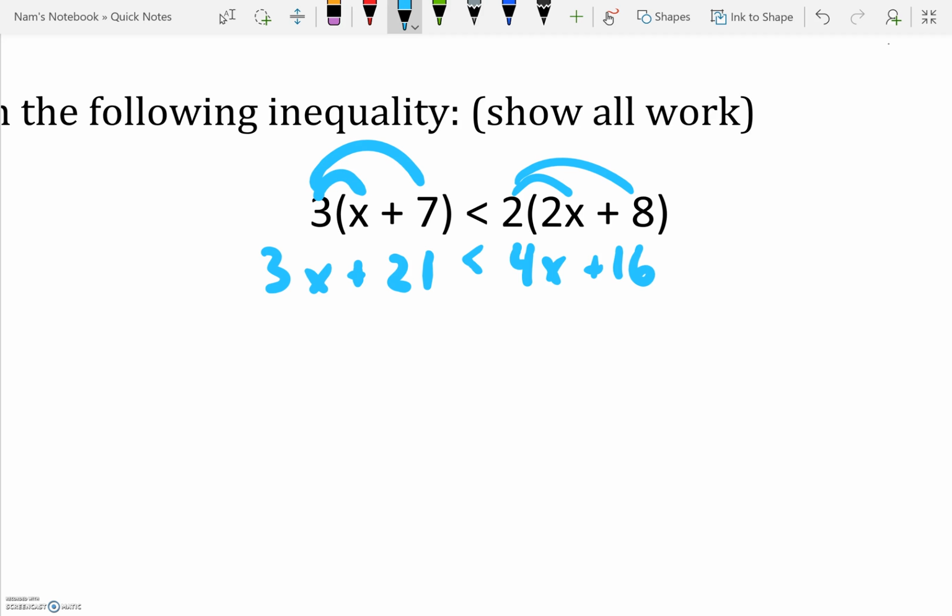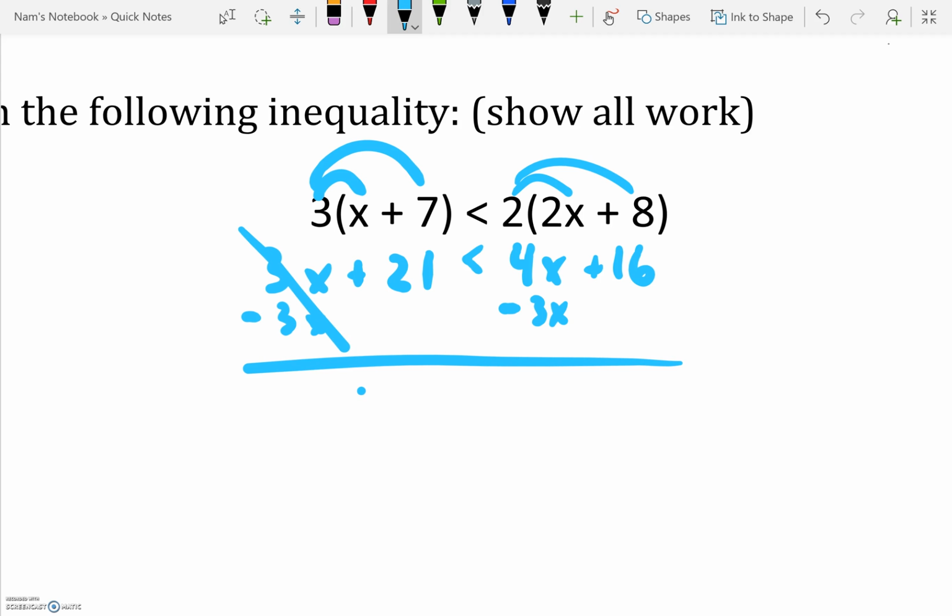And here you have a choice. You can move all your variables to the left side or all your variables to the right, and then vice versa with the numbers. What I'm going to do is move all my variables to the right because I notice I have more x's on the other side. So I'm going to do the additive inverse of positive 3x, which is negative 3x, to both sides.